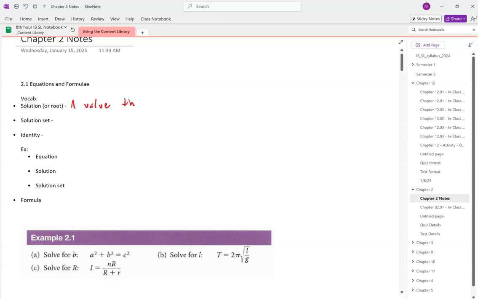Yep. What's a solution set then? A set of all values. That's all equations. Yep.